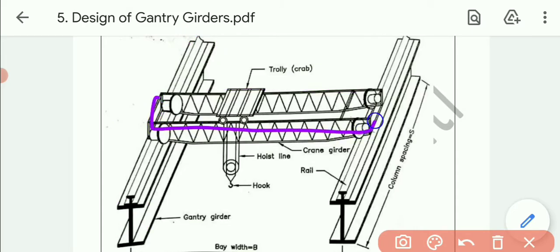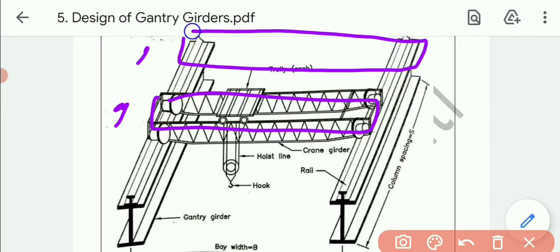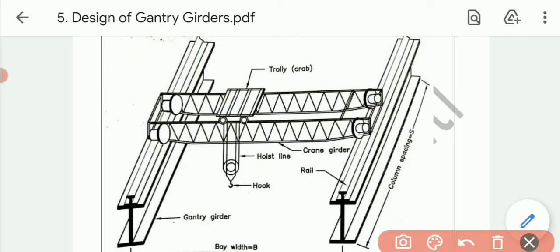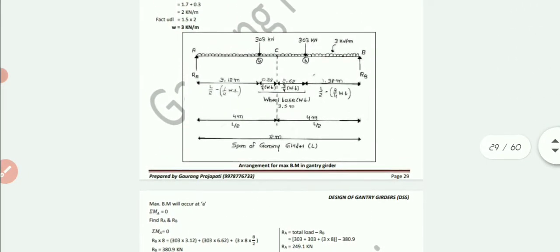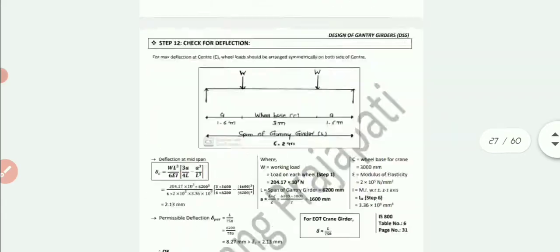So I will shift this crane girder from here to here. It will come over here, first wheel over here, second wheel over here, like this. Just a minute.